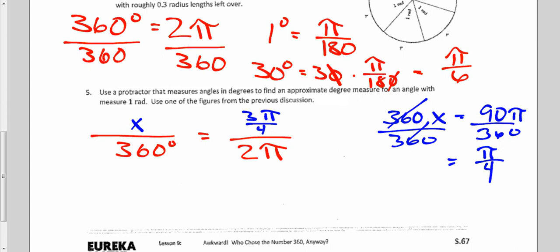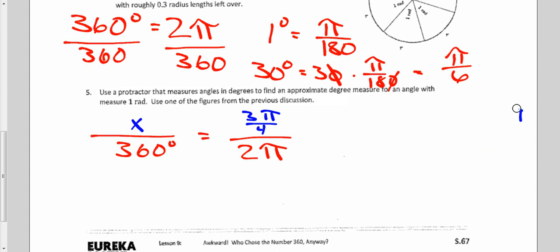So let's work this ratio to figure out what my degree measure is for 3 pi over 4 radians. Do the math. So now if you cross multiply, what do you got? Go ahead, Michaela. 360 times 3 pi over 4 equals what? 2 pi x. Okay, very good.